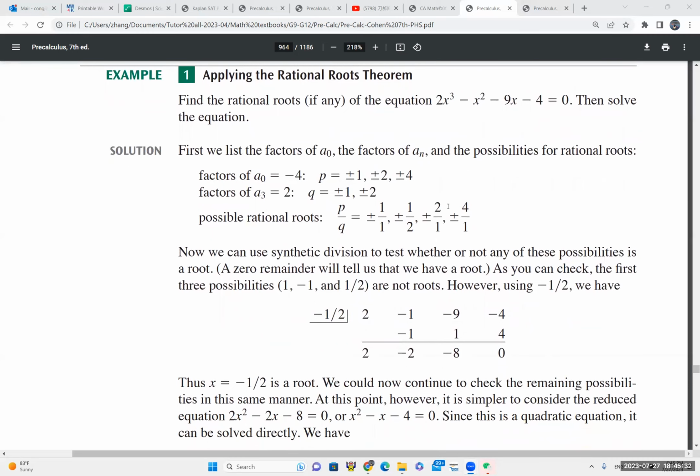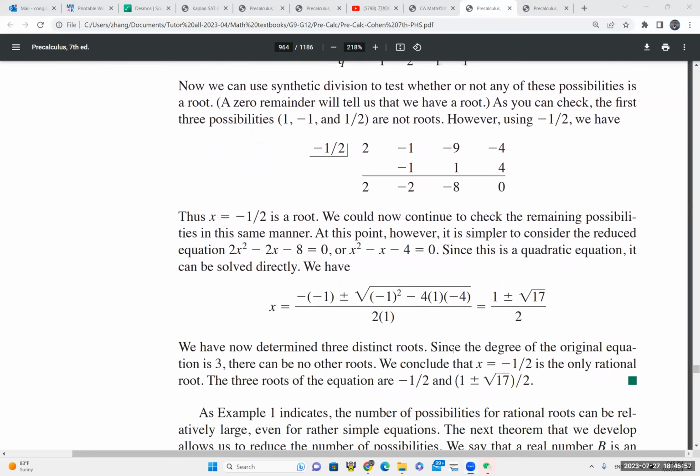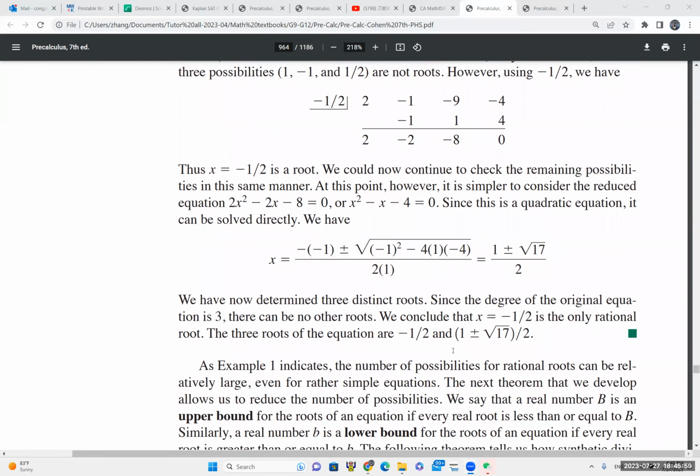So you just go and check which is a root. Of course, you start from the easy one, right? For example, positive and negative 1. Then maybe positive and negative 2, or positive and negative half. Anyway, you just try and check.